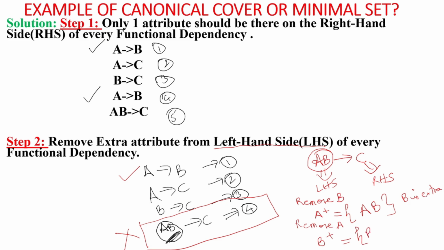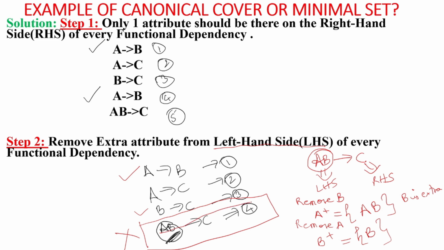In B's closure B will come only, because we are finding the closure of B. So find out if B determines A anywhere, or if A comes indirectly. No. A won't come in any possibility. Even with trial and error, A won't come. So in B's closure only B will come. So A is not extra because we are not getting A any other way. B is extra because even without using B, if you do A's closure, B is coming. So we can remove B. And the functional dependency will be what?